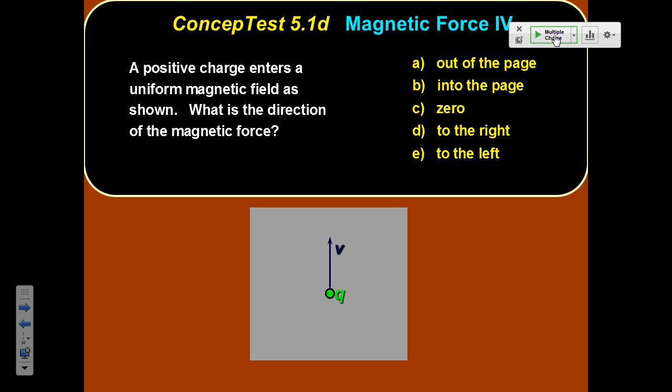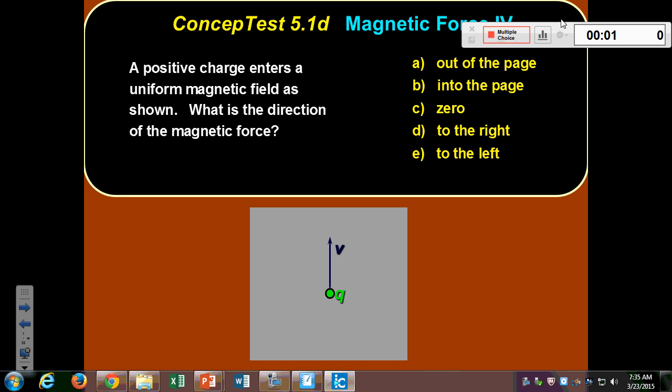Let's see, I forget what the magnetic force was here. Let's just say that the magnetic force on this one, it didn't show up, but does anybody have it open? What is it? It's up? The magnetic force is up? Okay.